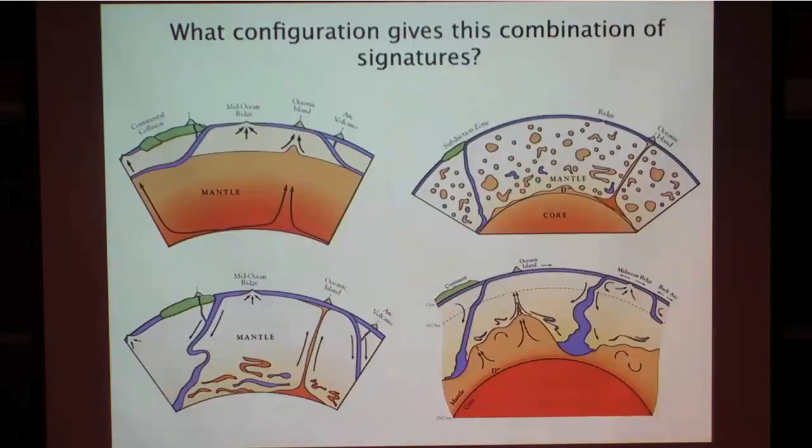So trying to reconcile all of these different observations leads to the drawing of cartoons. Here are 4 cartoons of millions, maybe not millions, that was an exaggeration, dozens, that have been drawn over the decades to try and explain this mix of heterogeneity and homogeneity.